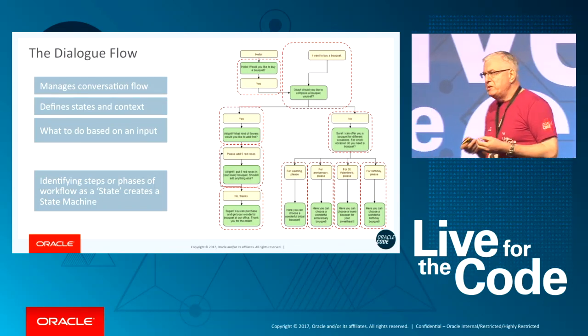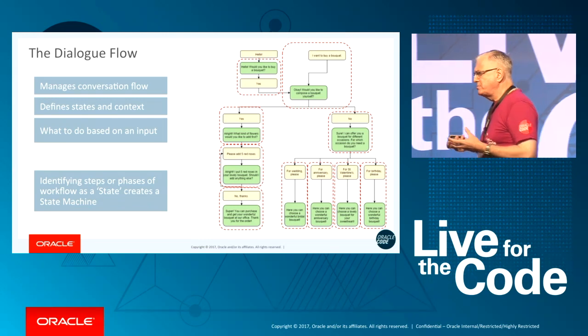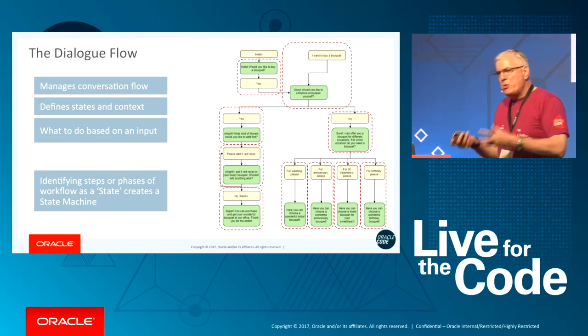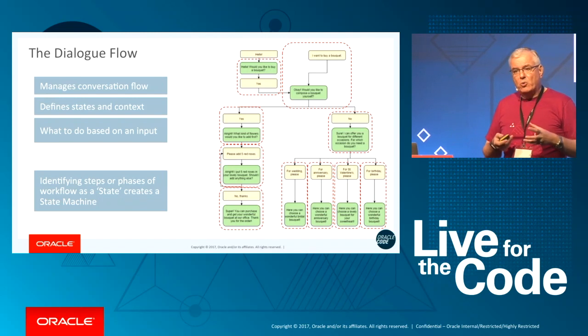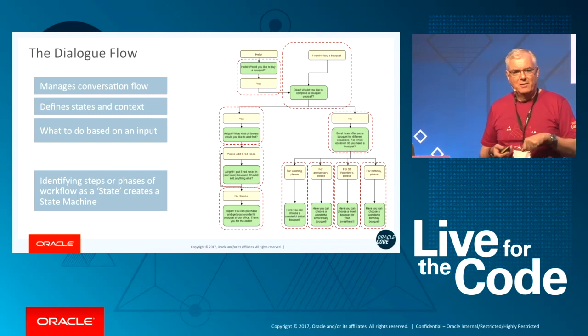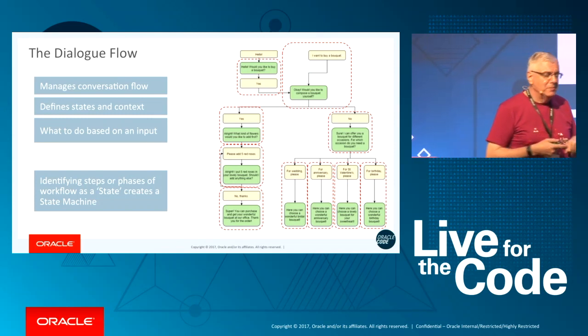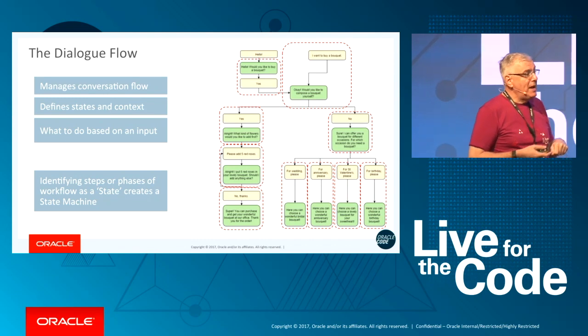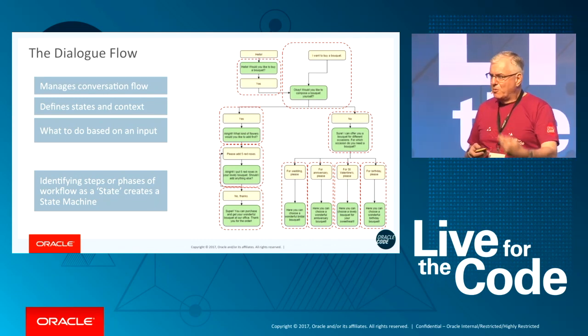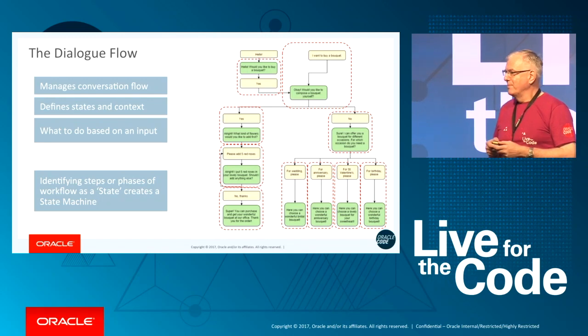So when we design a conversation, we design it with the idea of non-linear nature, and also the fact that if you've already answered a question, don't ask it. To give you an idea, if I went to my bank and I said, DBS, what's my balance?